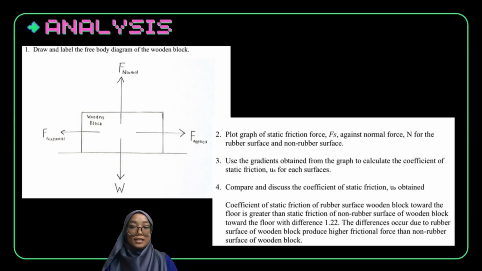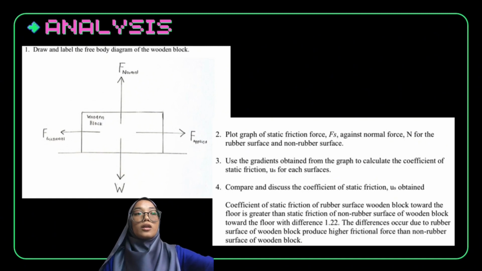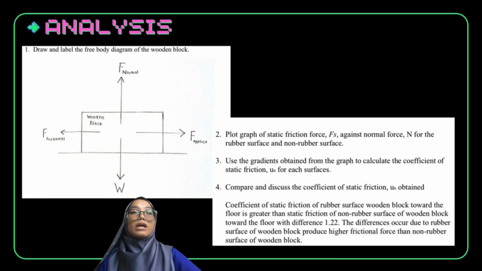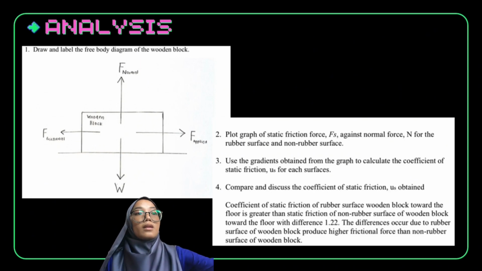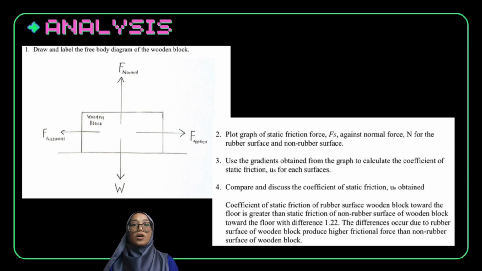Here are the analyses that we do for our lab report. The first one is we have to draw and label the free body diagram of the wooden block as stated in the slide. Second, we have to plot a graph of static friction force against normal force for the rubber surface and non-rubber surface.